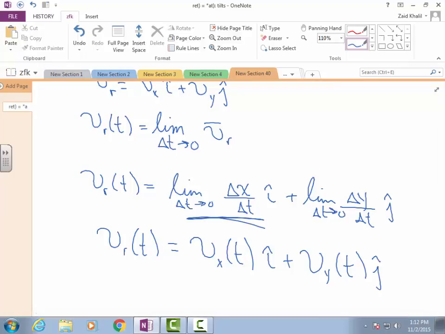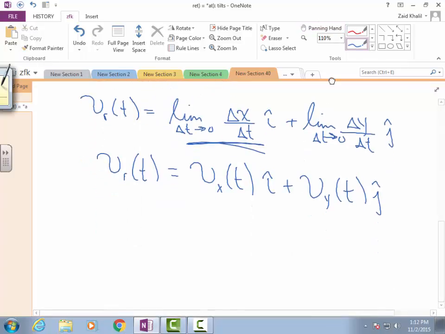Now what can we do? We can define which acceleration? Average acceleration. How do we define average acceleration? Same exact way. You have a final instantaneous velocity in each direction, so you can call this VRF equals VXF i hat plus VYF j hat.